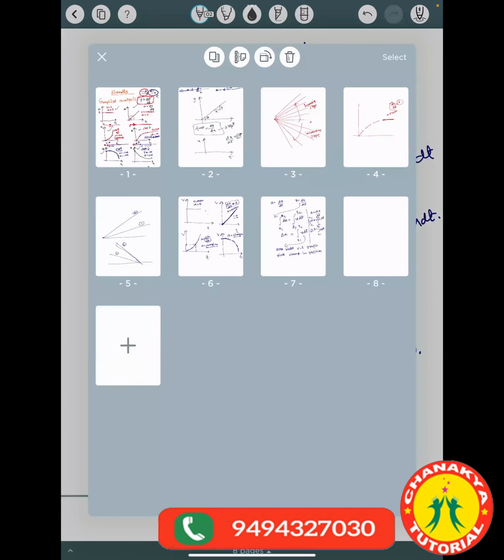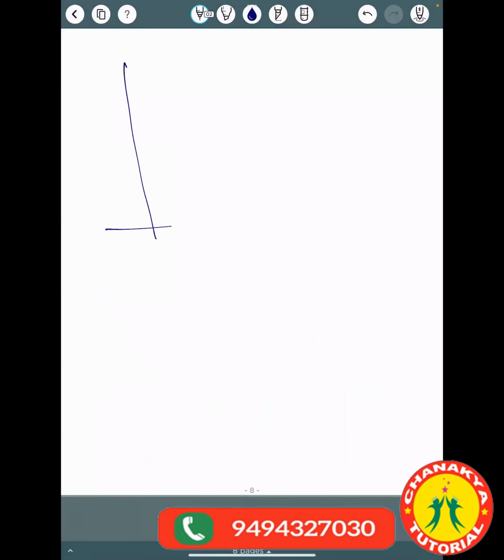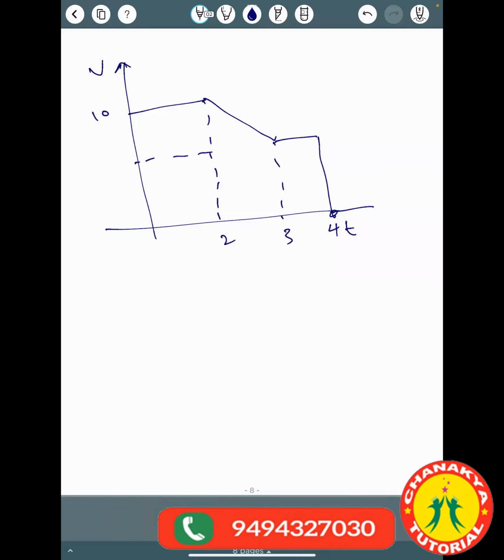So for example, if I tell you that I have a figure like this, let's say this is vt. Let's say this is 10, this is 2, this is 3, and this is 4. And let us say this is 5. If I ask you, what is the displacement of this particle?